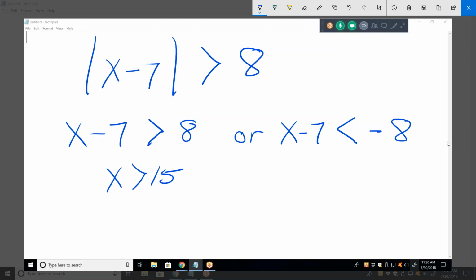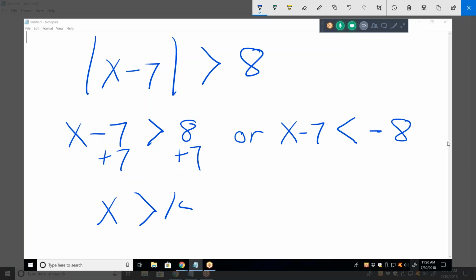Maybe I'm confusing you a little bit. You tell me. Do it this way, do it that way. In other words, the mistake it looks like you're doing is moving the -7 to the right side without changing its sign.